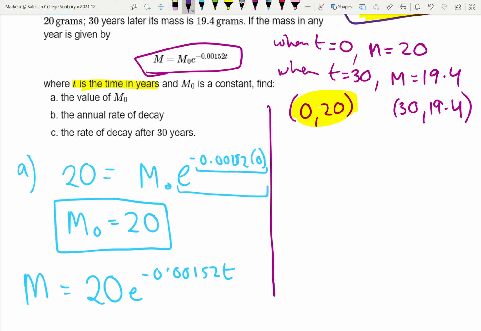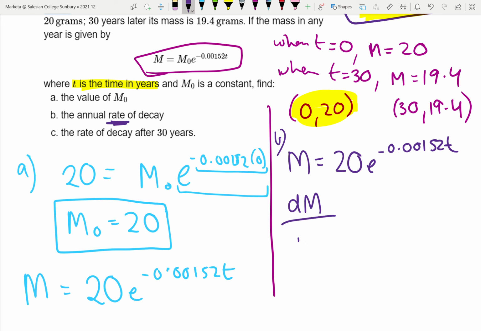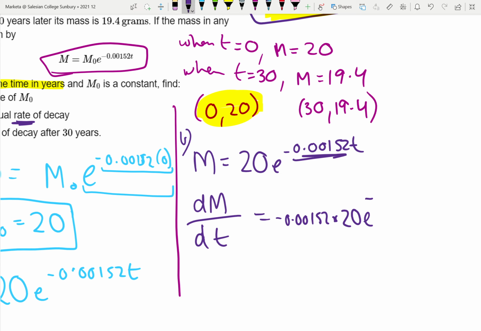So let's do that. So M, I'll write it again up here, equals 20 e to the negative 0.00152 t. And then the annual rate of decay, rate is our key word, telling us it's the derivative. And then I'm just going to be multiplying negative 0.00152 times 20 e to the, well, this thing again, it's just a little bit annoying to write, 0.00152t.